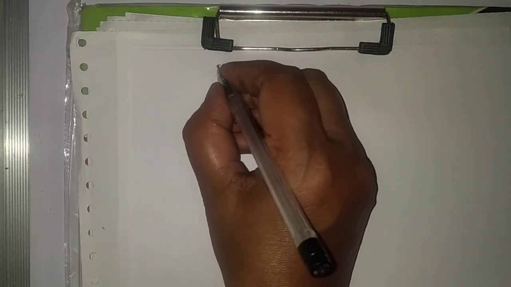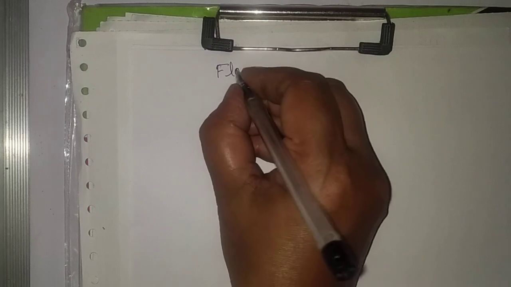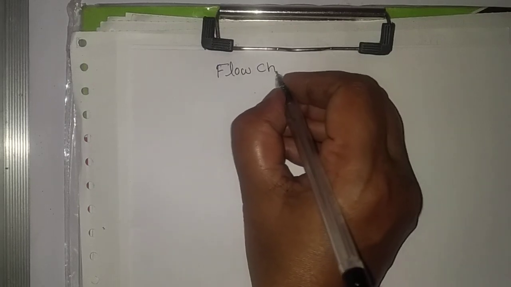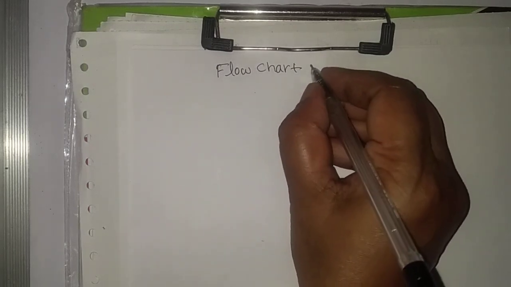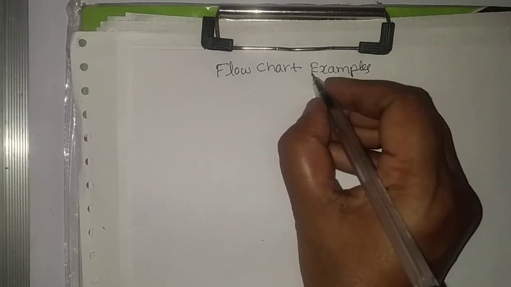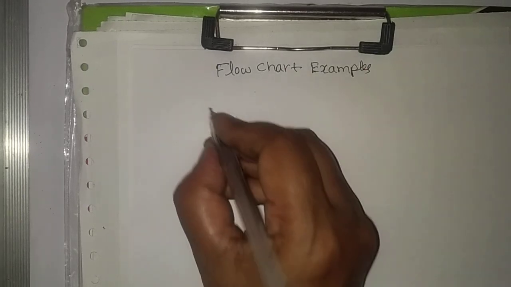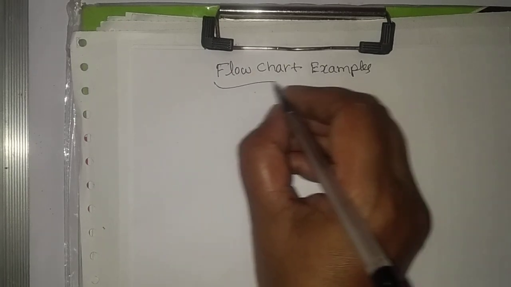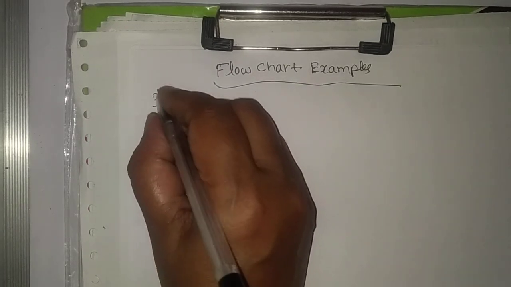Then we move on to the next one, that is flowchart examples. So we move on to the third one.